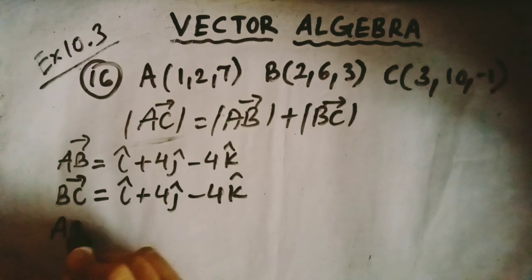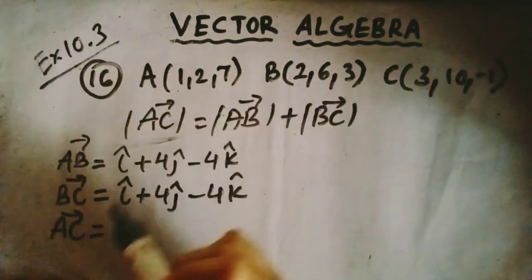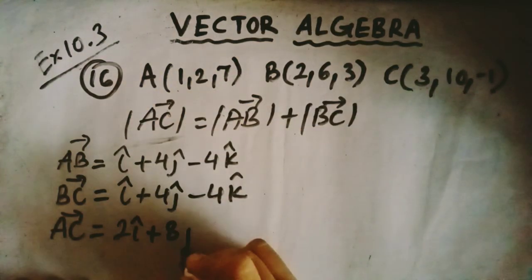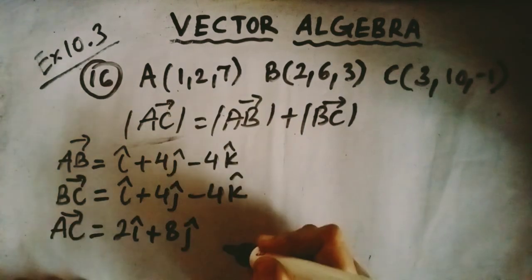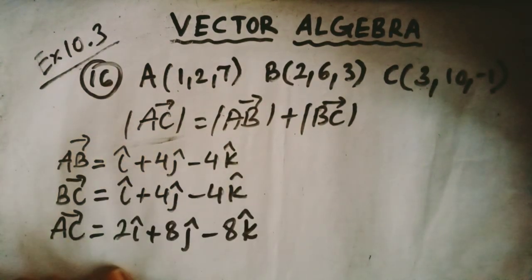Okay, then AC vector C minus A, 3 minus 1 2, 10 minus 2 8, minus 1 minus 7 minus 8. Okay, so these are the three vectors.